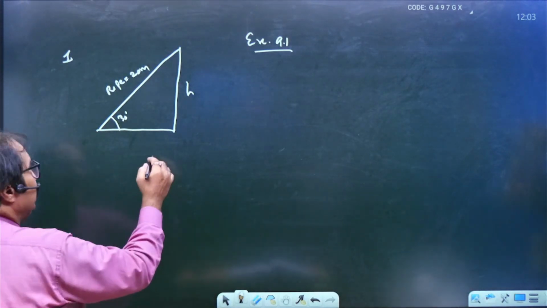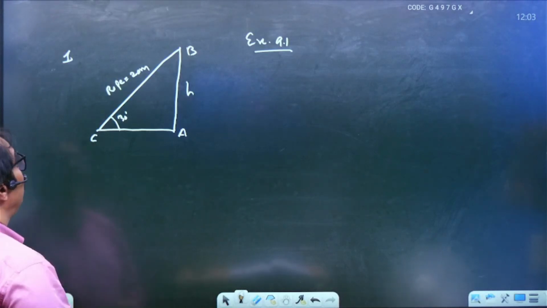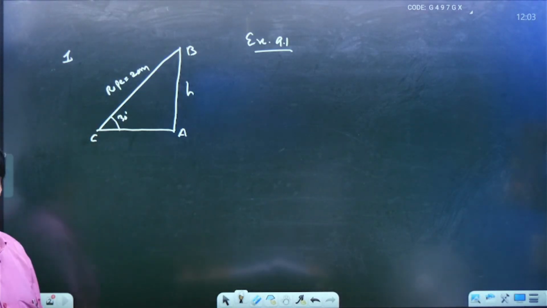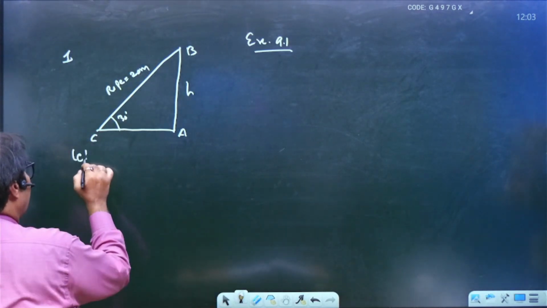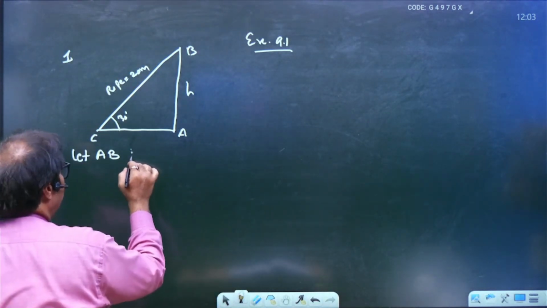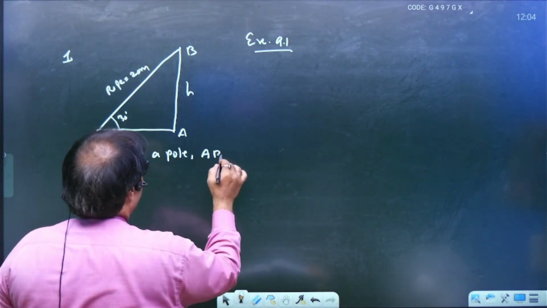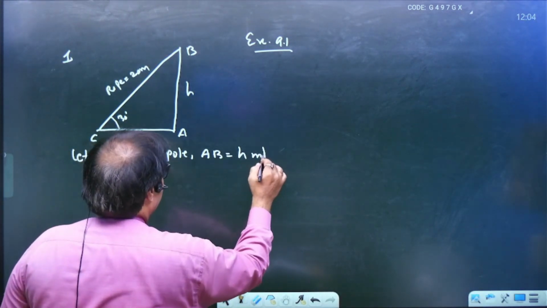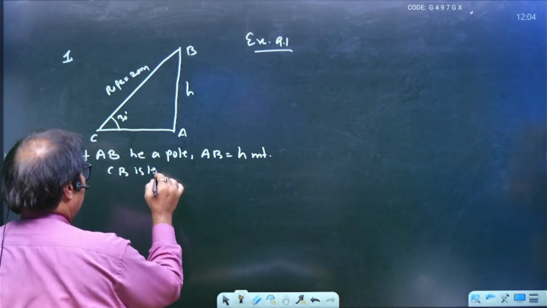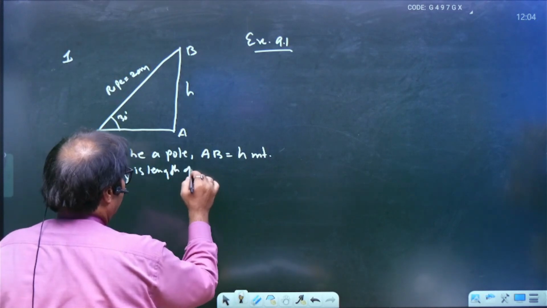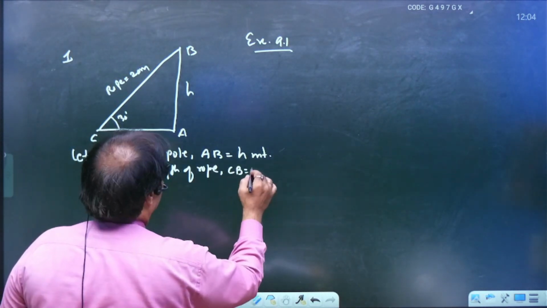As per the figure, now name it. Suppose this is A, B, and this is C. Now we will write about the figure, that I am calling analysis. Let AB be a pole such that AB is equal to h meters, and CB is the length of the rope such that CB is equal to 20 meters.